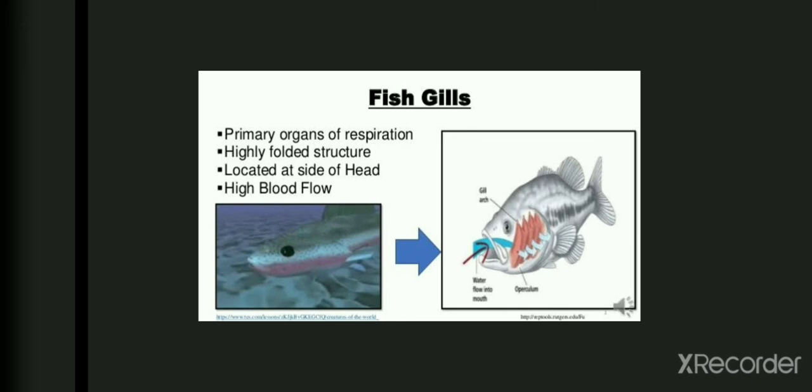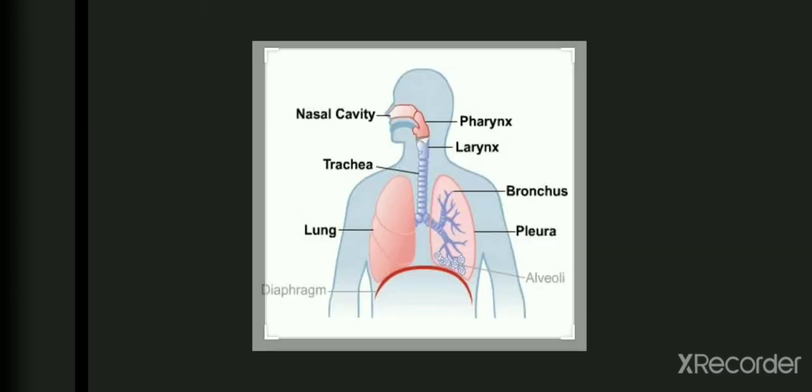The lamellae are plate-like in lamelliform gills and rod-like in filiform gills. The gills may be hemibranch or holobranch. In hemibranch gills, lamellae are present on only one side of the visceral arch, and in holobranch the gill lamellae are present on both sides.